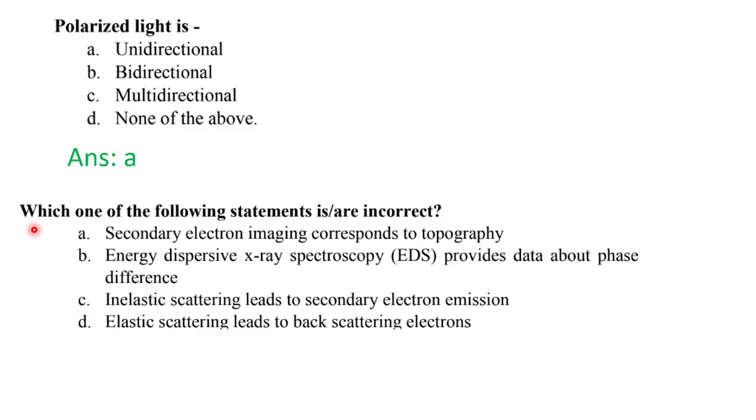What are the two emissions that take place? There are different electrons, secondary electron, and also there are two types of collision, elastic collision and inelastic collision. Based on that, whatever the nature of the collision, you will get different electrons. So I am repeating once again that secondary electron imaging corresponds to the topography.